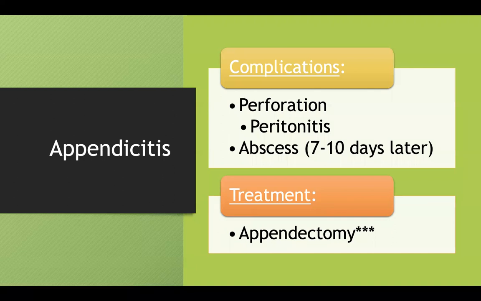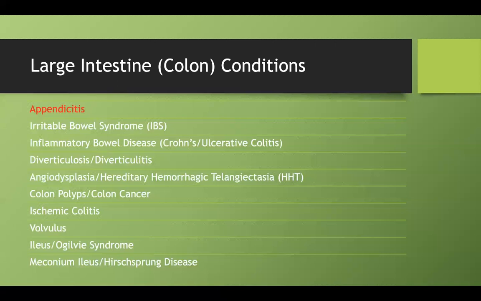So I would defer to the most up-to-date resources on that. I would still pick appendectomy if I took step one even right now, just because the boards tend to lag behind. But I just wanted to put that asterisk out there just in case somebody else tells you, or one of your professors tells you for your GI specific exam, that they want you to give antibiotics in certain cases, to keep that in mind.